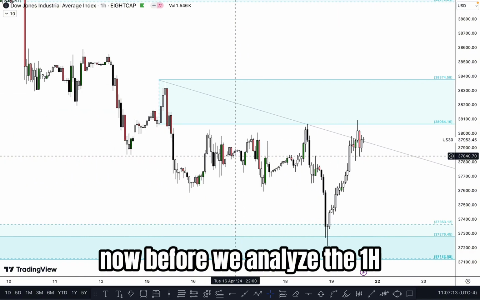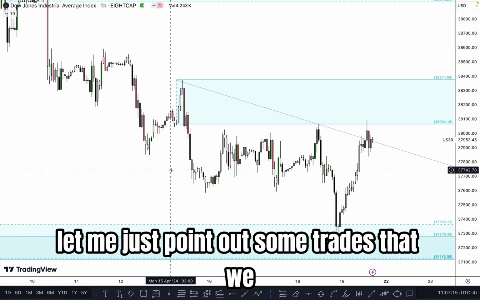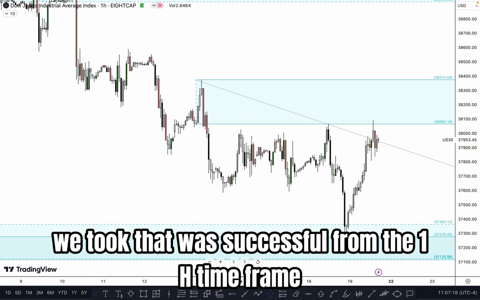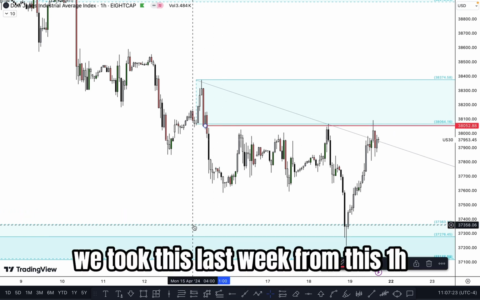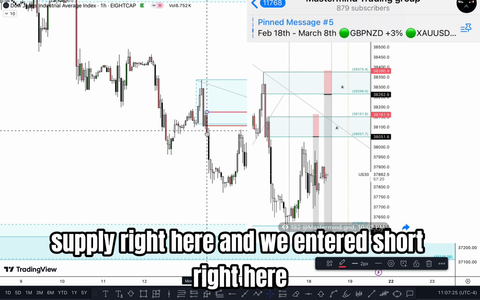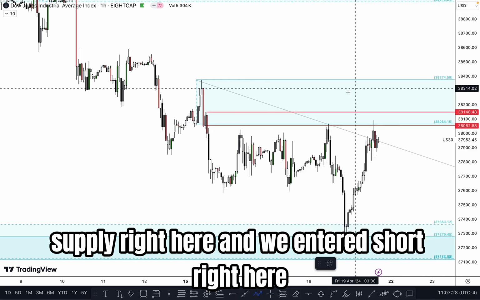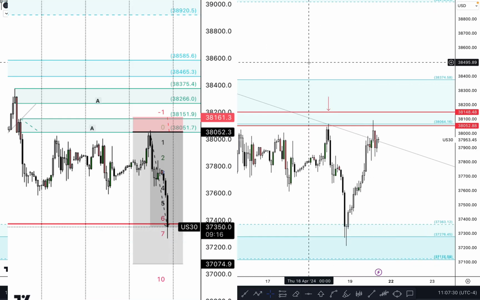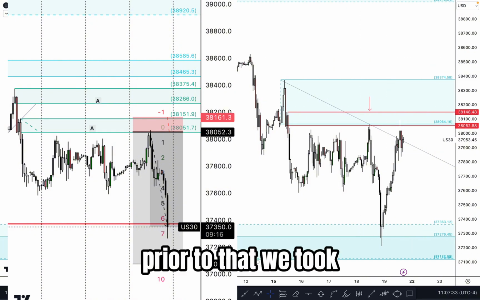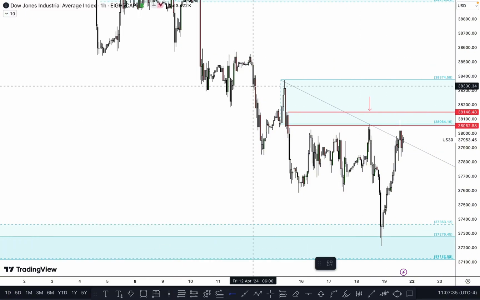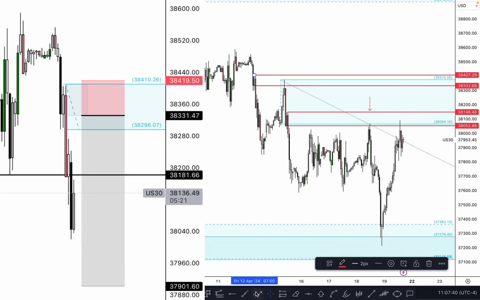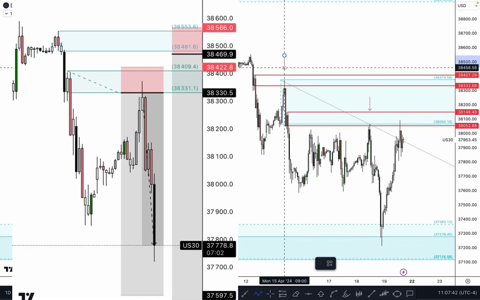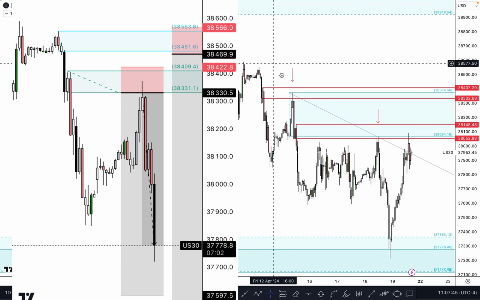Now, before we analyze the 1-hour, let me just point out some trades that we took that were successful from the 1-hour time frame. We took this last week from this 1-hour supply right here, and we entered short right here. Prior to that, we took a short from this 1-hour supply right here, and we entered right here.